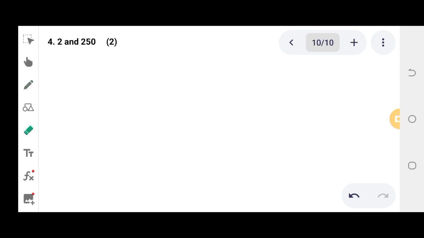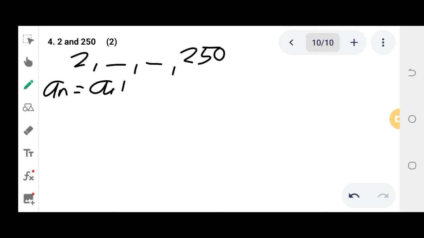We have sequence, first one is 2, then dalawang means, then 250. So a sub n is equals to a sub 1 times r raised to n minus 1. 250 ang last term. A sub 1 is 2 times r. That is, yung n natin is 4 minus 1.